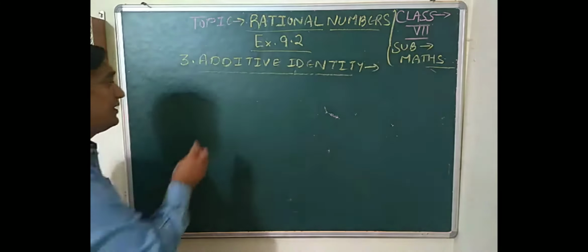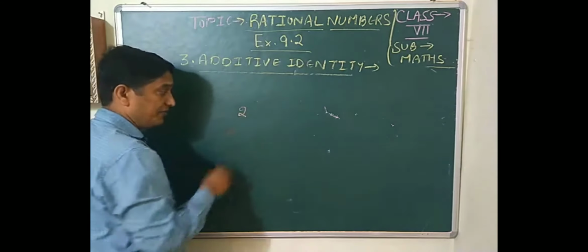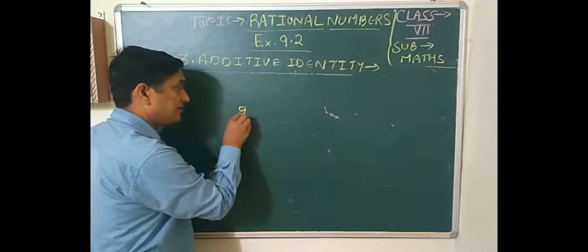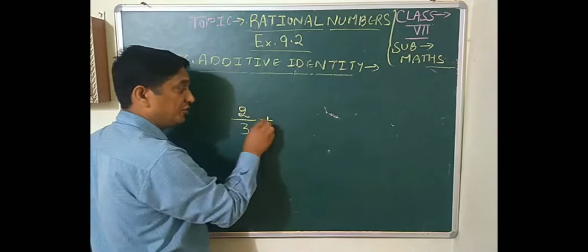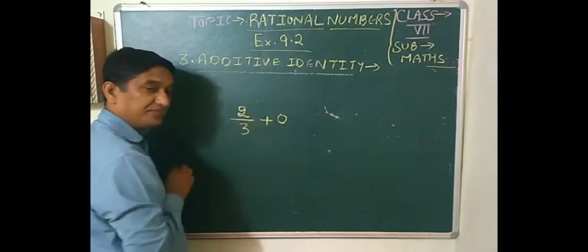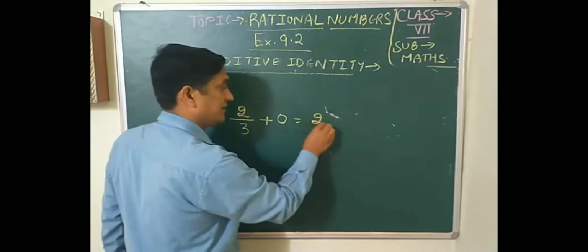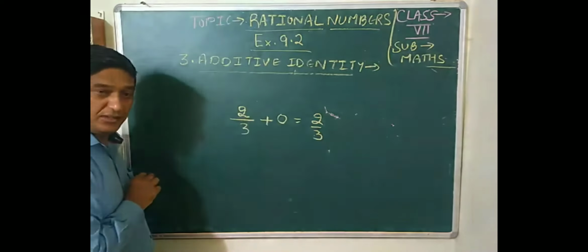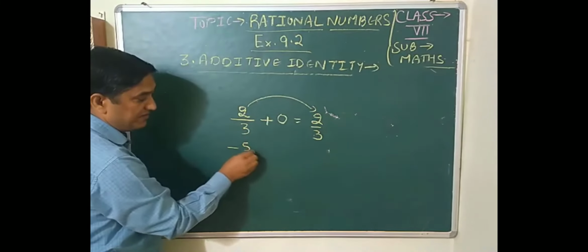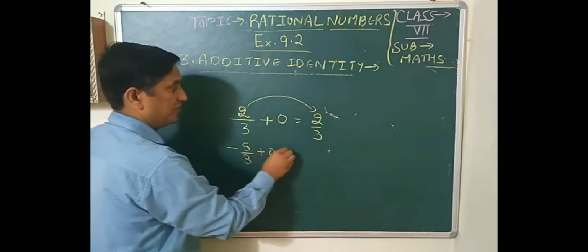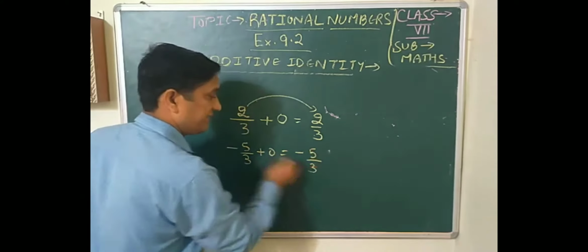If we add 0 to any rational number, the answer is the rational number itself. There is no change in the answer. Minus 5 by 3 plus 0, the answer is minus 5 by 3.